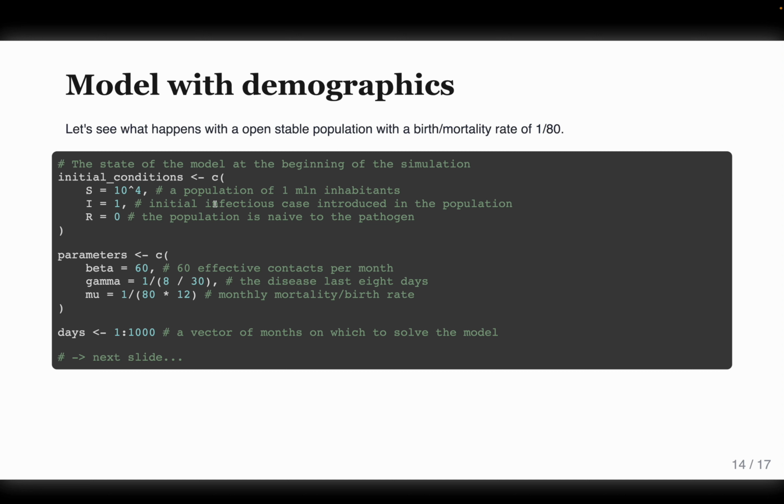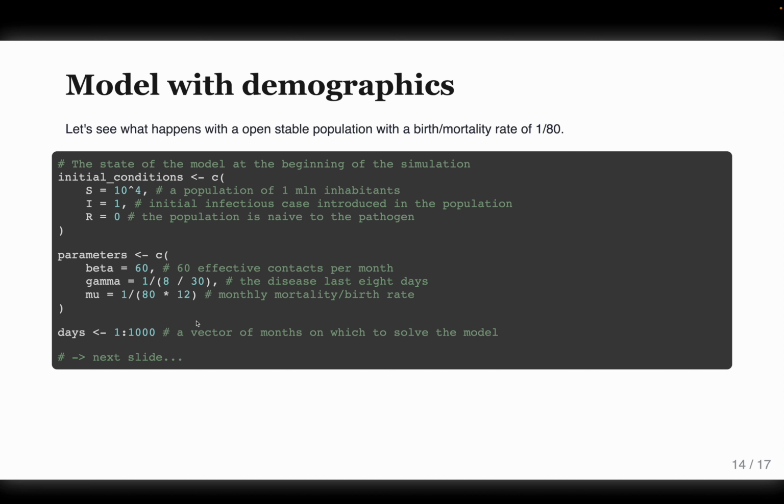In order to make the visualization of the results easier, I chose some parameters that create a simulation which is easier to visualize. So I chose a population of 10,000 inhabitants, and I introduce one infected case.